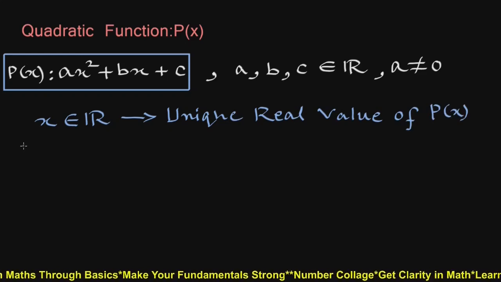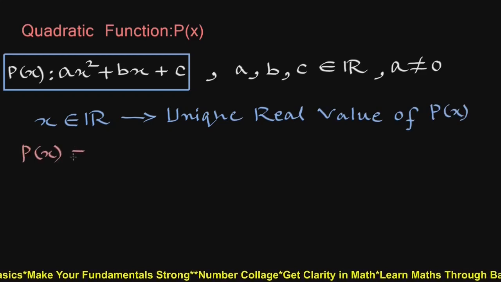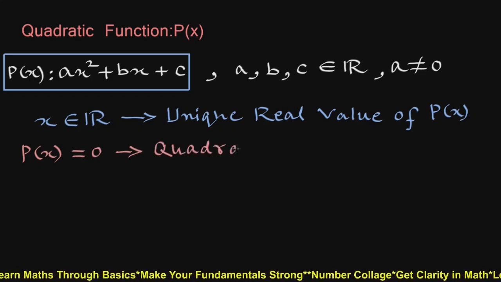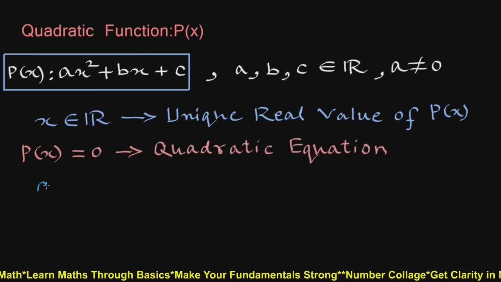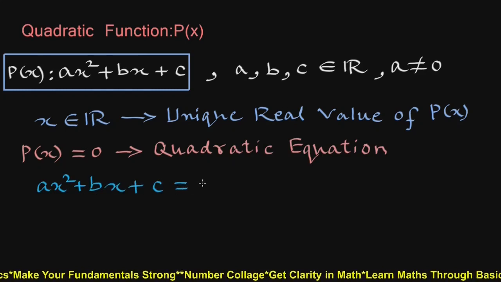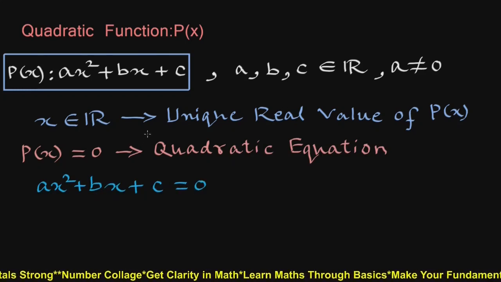When we equate p(x) = 0, what we get is a quadratic equation. So here ax² + bx + c = 0 is a quadratic equation.